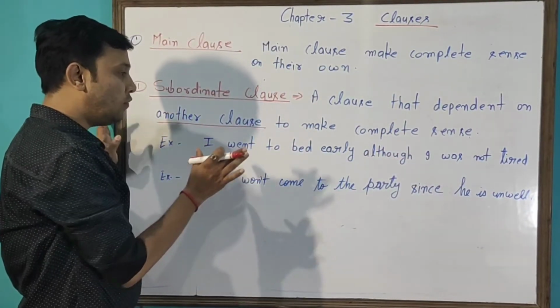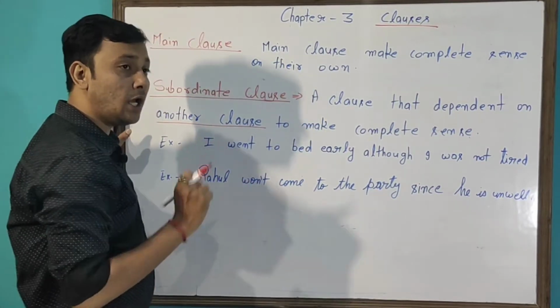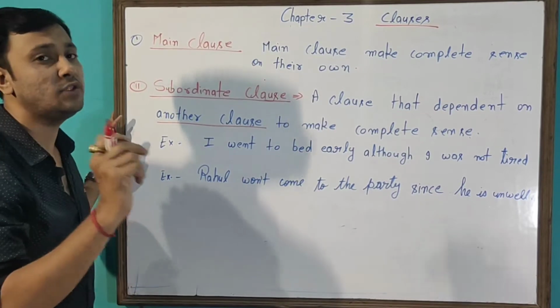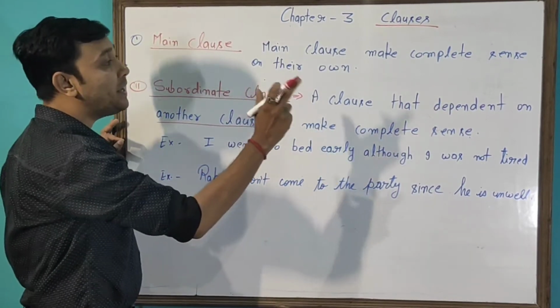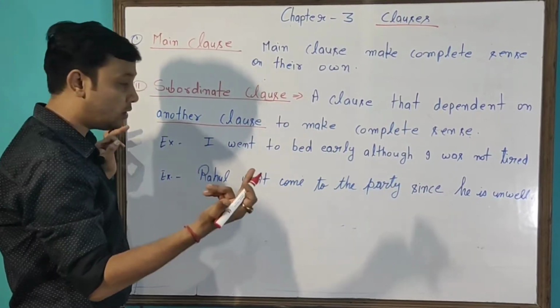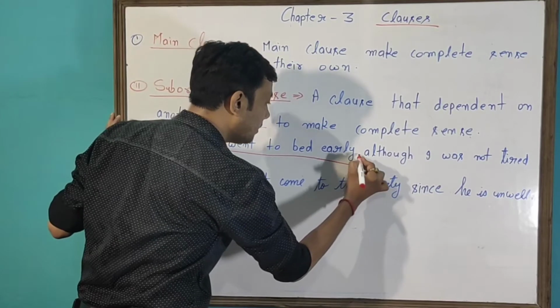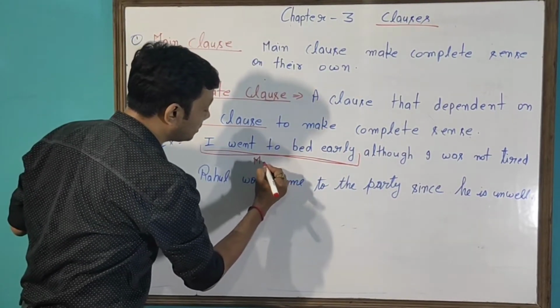In this group of words, one is the main clause and the other is the subordinate clause. How do we find out which is which? I told you a main clause makes complete sense on its own. I went to bed early. This part of the sentence is known as the main clause.